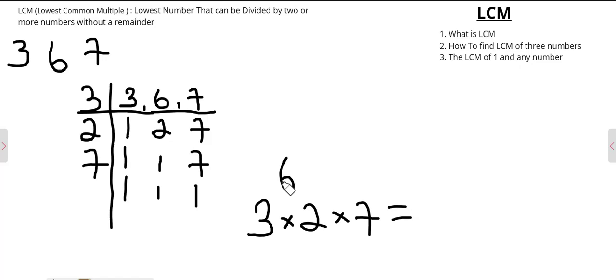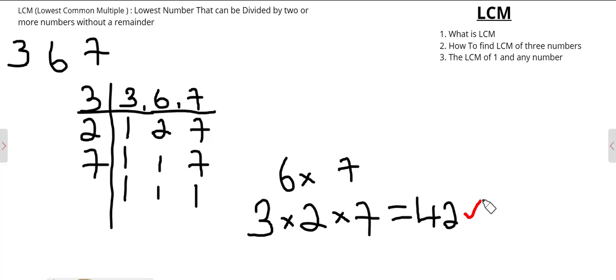You get it? Then we move to the next one, which is 6 times 7, which will give us 42. So the LCM of 3, 6, and 7 equals 42.